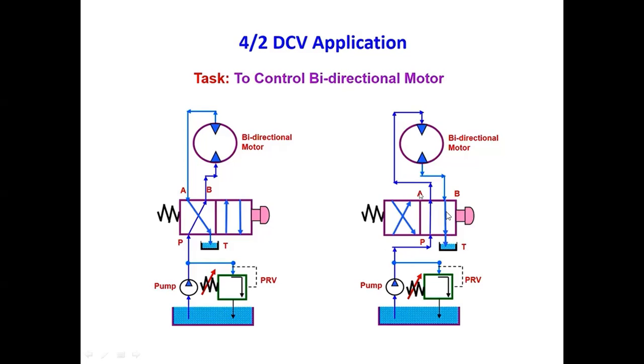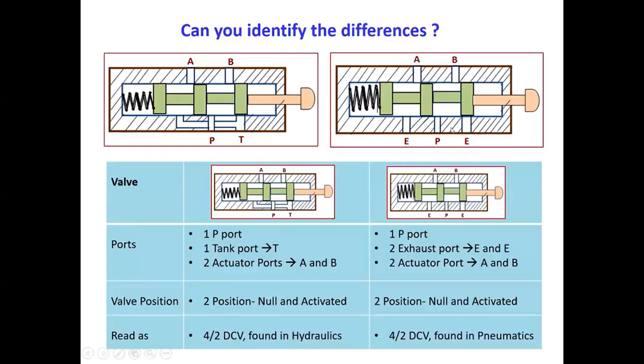At the second position, oil is supplied P to A and returns B to T. Here oil is supplied P to B. Here oil returns A to T.